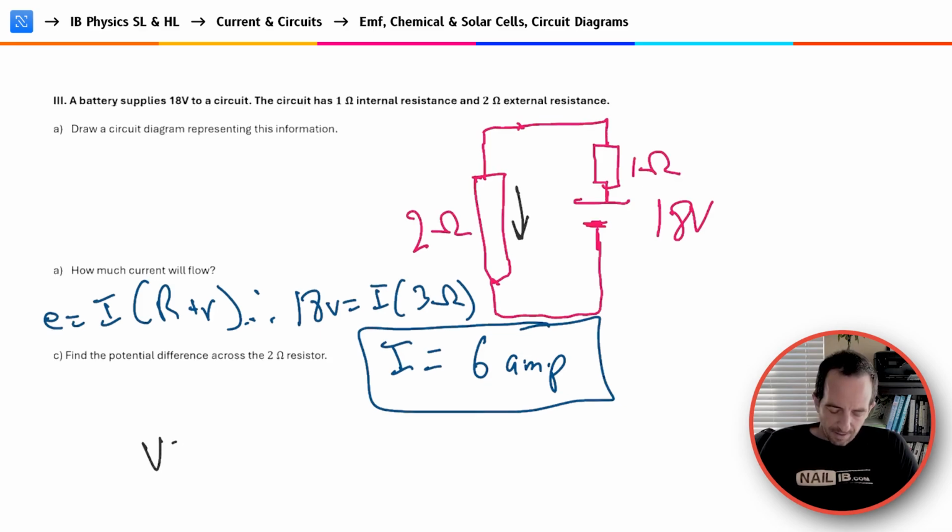We could figure out the potential drop by using the formula that the voltage across any resistance is the resistance times the current. So across that 2 ohms, what's going to happen? We know that there's 6 amperes going around that circuit. So that's 6.